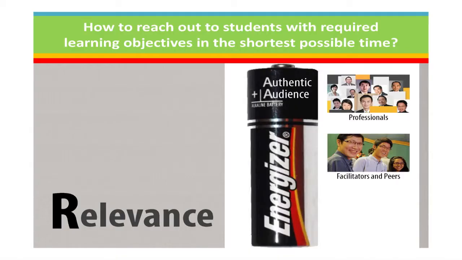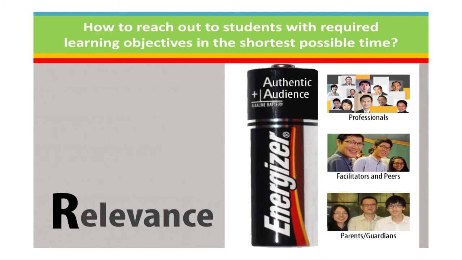Not only the students can participate, you can invite professionals, some experts, to give comments. That is engaging professionals. Facilitators like us can go in to give comments too. Their peers and friends can comment on their works. We can even invite parents to see what they have done. Hopefully the parents are also social media fans.